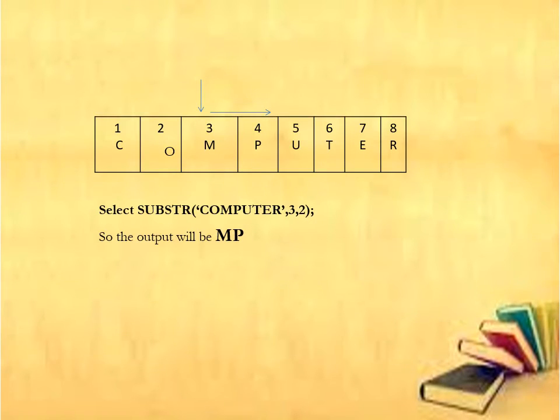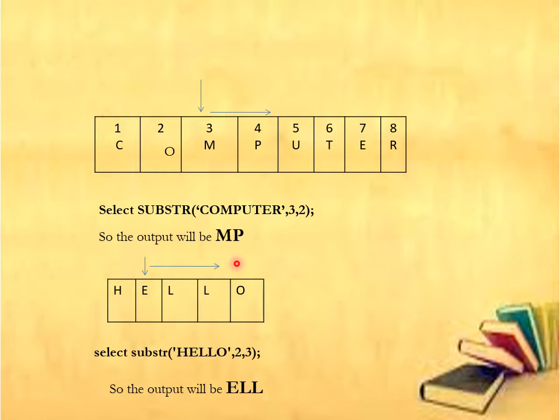You can see how it works. In the second example, hello 2 3: 2 is the starting position and the total number of characters is 3. So 1, 2, this is the starting position, and the total number of characters counted is 3, 1, 2, 3. So the output will be ELL.